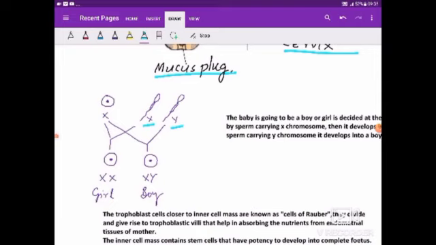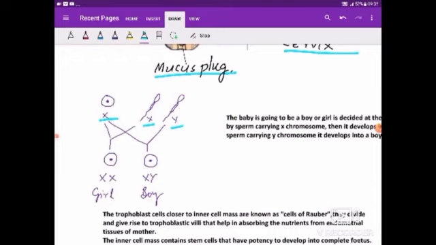It depends on which sperm is actually fertilizing the egg, because from the mother's side, the egg contains only the X chromosome as the sex chromosome. So females have only X as the sex chromosome, but in males there are two types of sex chromosome, X and Y.